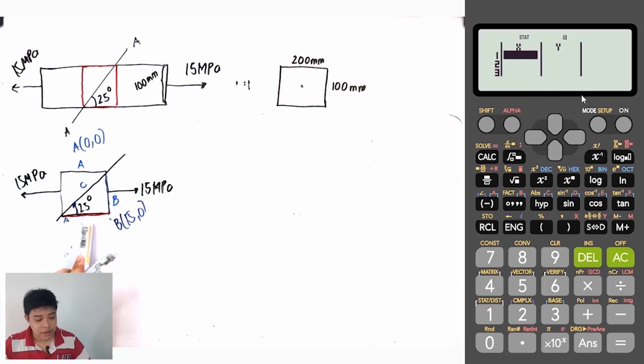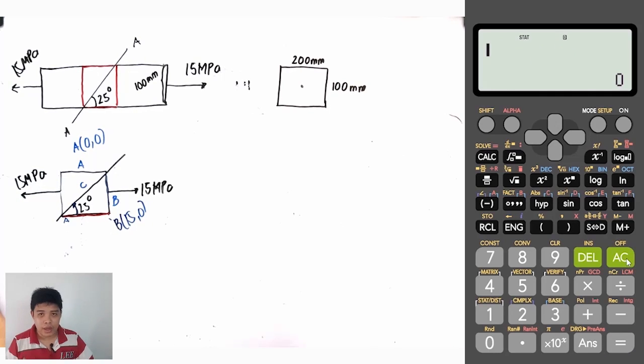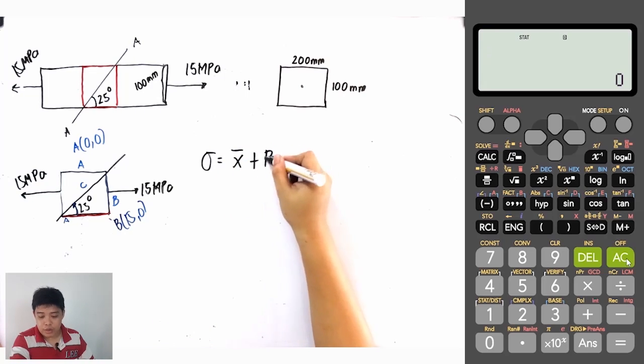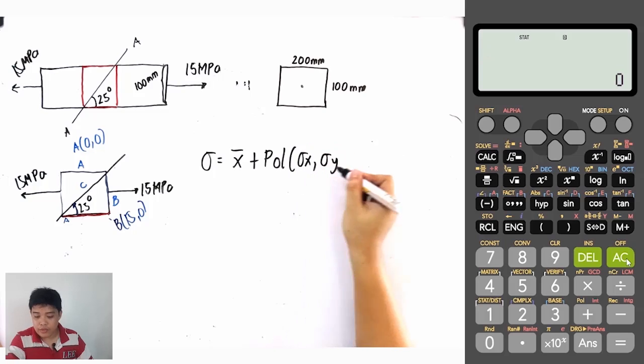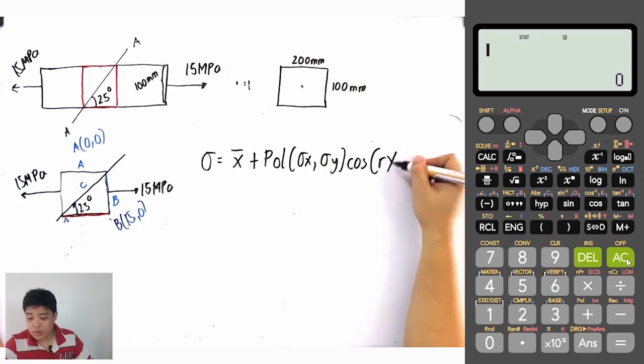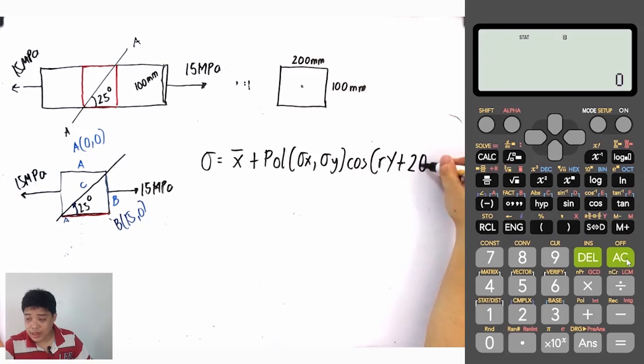Looking at our state of stress, the inputs there are 0, 0, 0, and this one is 15, 0. What did I tell you? Our equation will look like this. Normal stress is simply x bar plus y sigma x, sigma y, cosine of quantity y plus 2 theta.